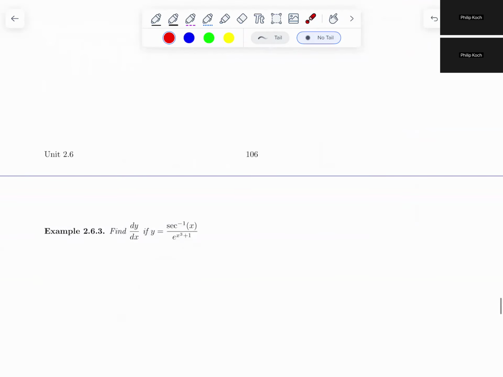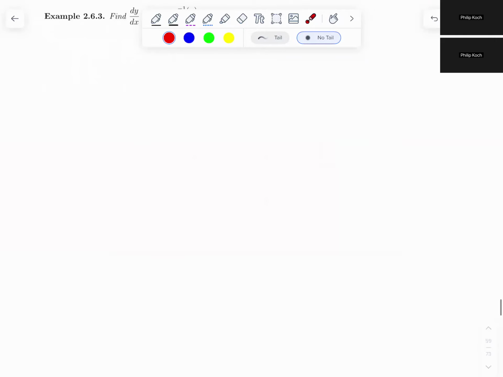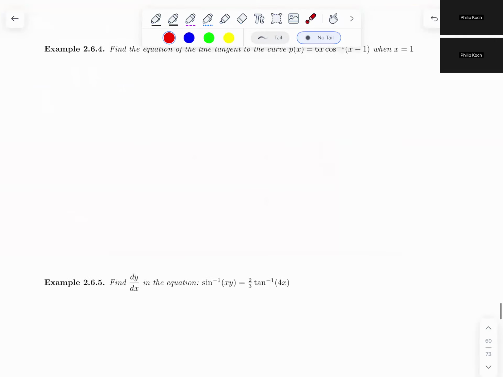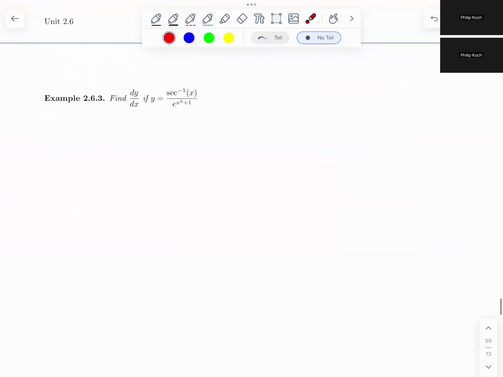So the next one. Quotient rule. I don't want to do this one. I don't want to do it. I put it on here because I felt like I had to put a problem that involves the secant inverse.